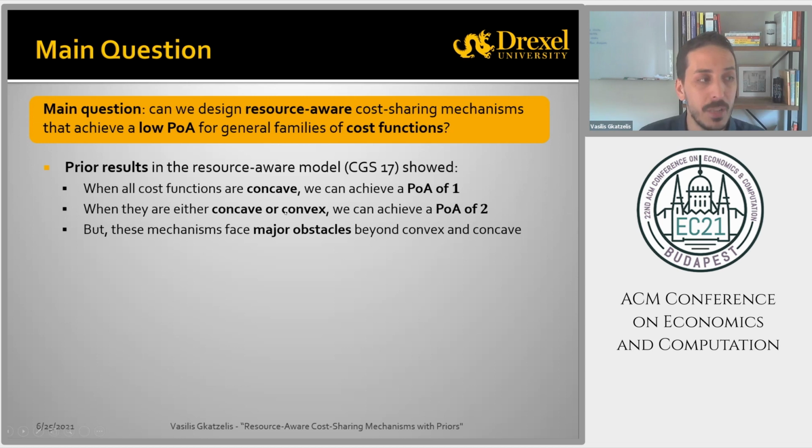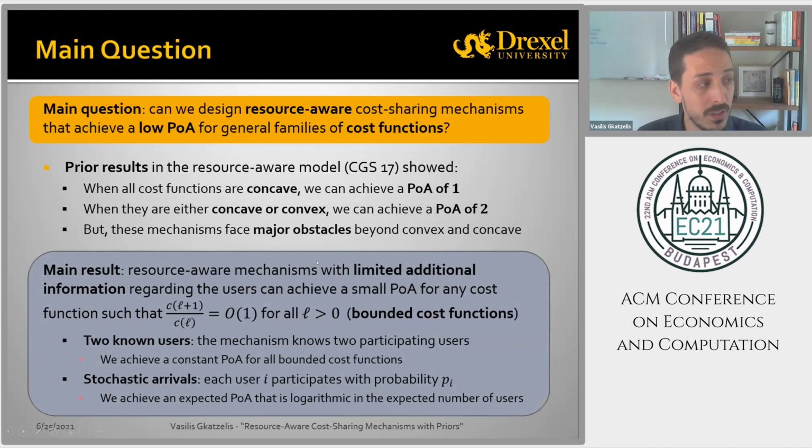As I'm going to argue a bit later on, these are really convenient special cases, but beyond them, these mechanisms face major obstacles. The main result we achieve is that if we enhance resource-aware mechanisms with just a limited amount of information about these users, we don't need to know every user in the system, but just a little bit of information, we achieve good price of anarchy bounds for a very general class of cost functions.